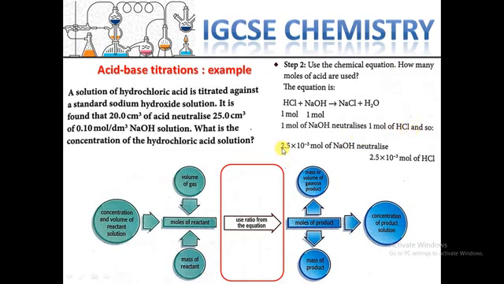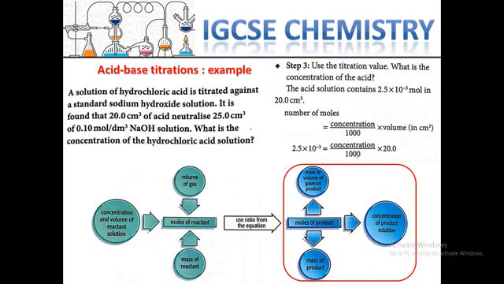If we have 2.5 times 10 power minus 3 mole of our base, we need to use the same amount of moles for the acid, because from the previous slide we got this number of moles, 2.5 times 10 power minus 3.